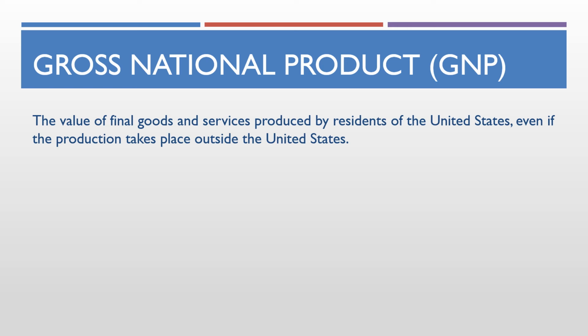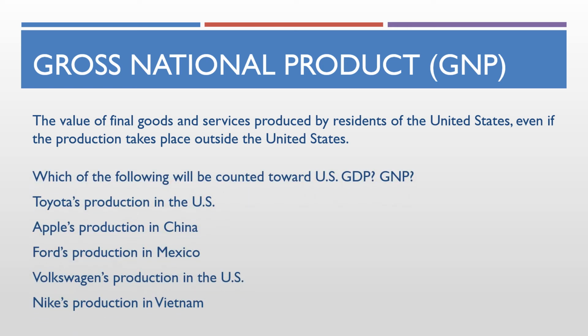Maybe this is a little bit confusing for someone out there. So let's use some examples to demonstrate. Let's think about which of the following types of production will count towards the GDP of the United States or the GNP of the United States. First, we have Toyota production taking place in the US. Toyota is a Japanese-owned company, so they are not a US citizens' company.